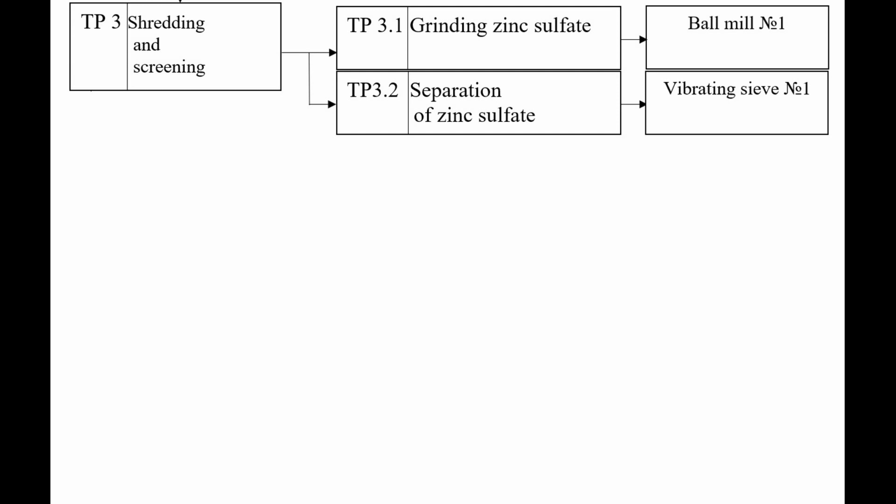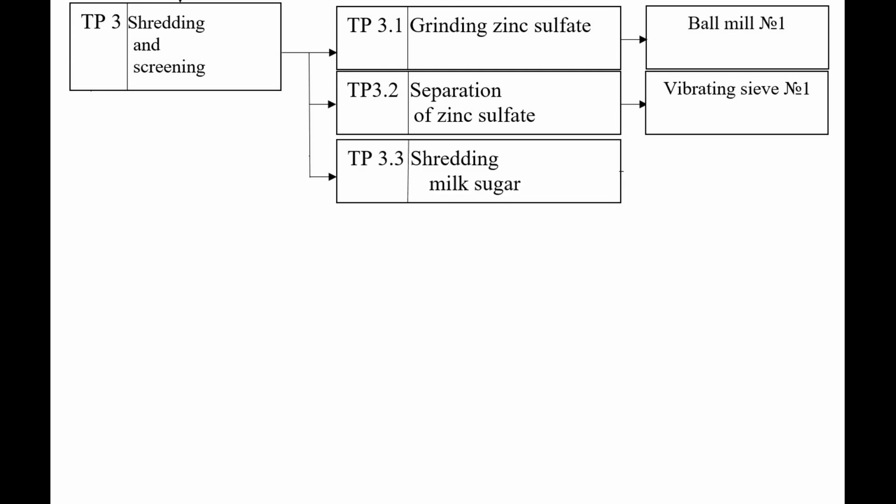Grounding is necessary to get rid of static electricity resulting from the friction of particles on parts of the sieve and among themselves. Grounding is not always indicated in the technological scheme. However, it is indicated in the hardware scheme and in the technological instruction. Similarly, zinc sulfate and milk sugar are processed, which is displayed in the scheme.